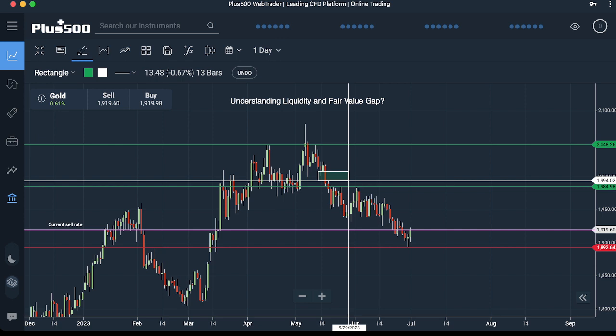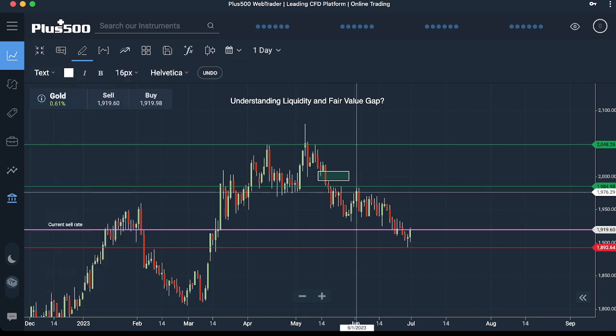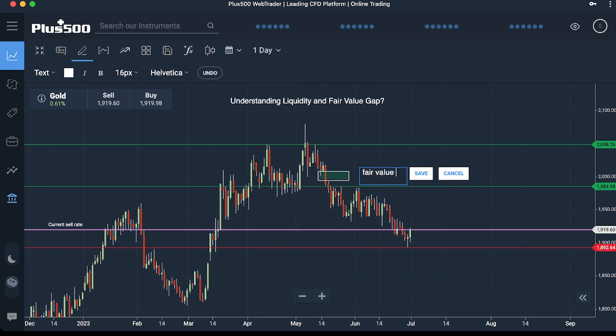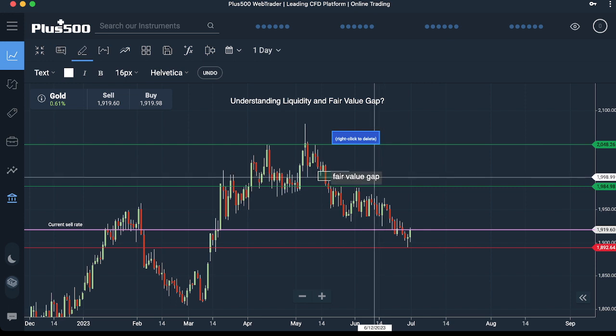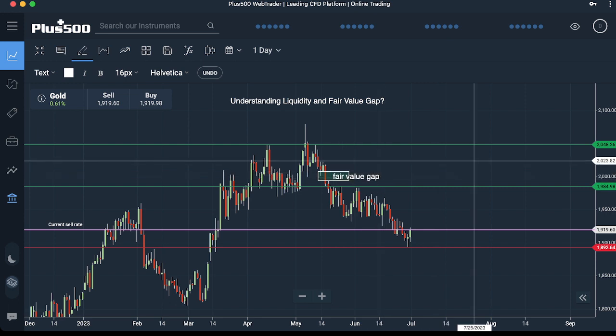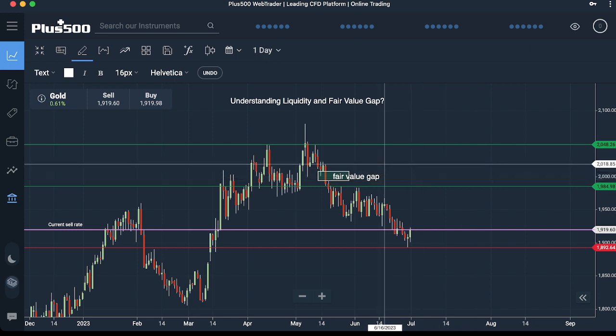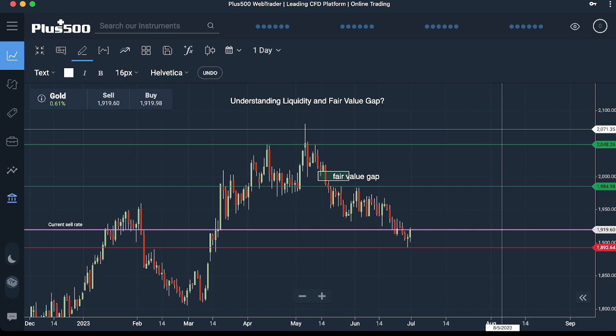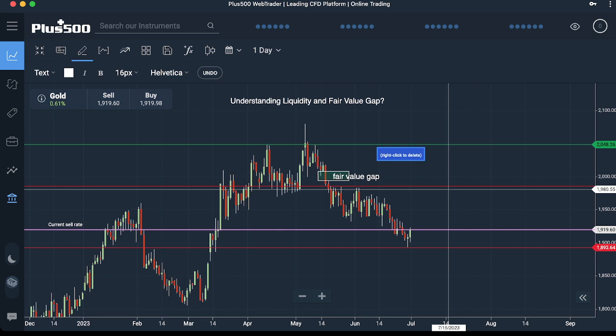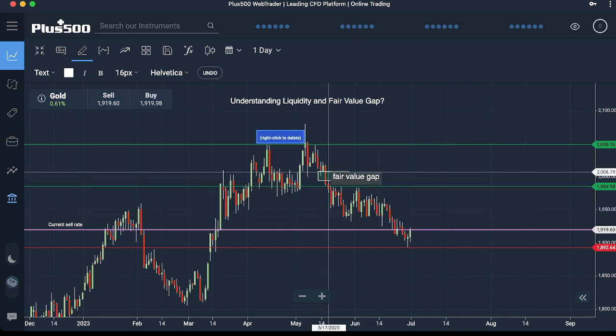This fair value gap was not retested, and we call this kind of fair value gap a breakaway gap, as per the ICT smart money concept.